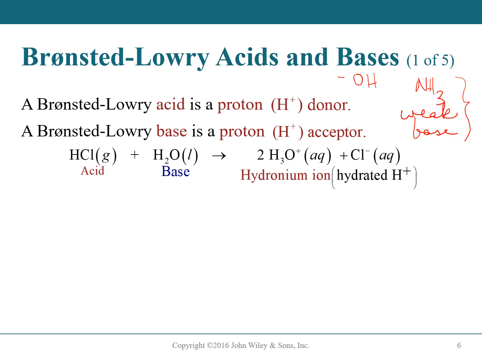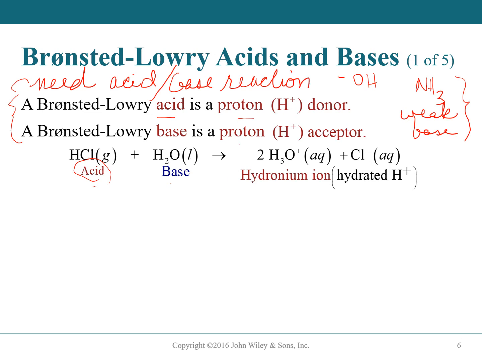The Bronsted-Lowry definition is that the acid is a proton donor and the base is a proton acceptor. This looks very similar to the Arrhenius definition, but by having a donor and acceptor, it requires that you need an acid-base reaction, because you need to know what is the donor and what is the acceptor.